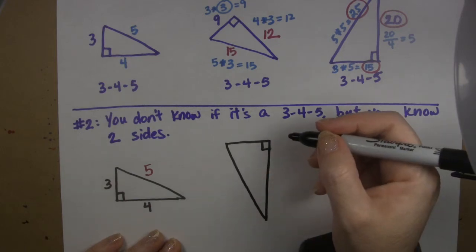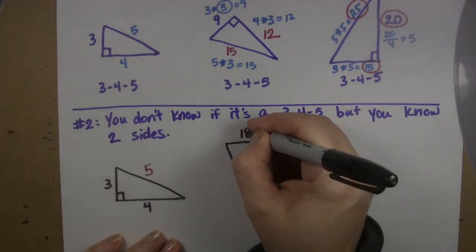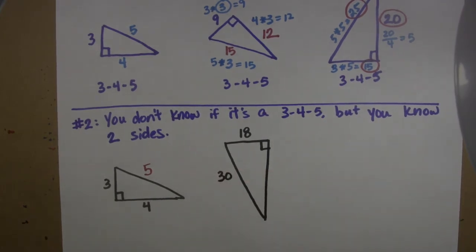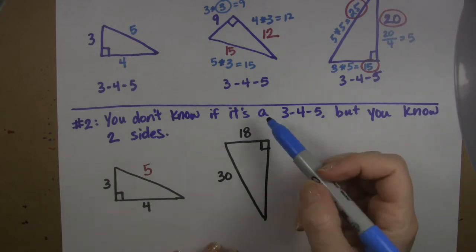And let's say that I know that this side is 18 and this side is 30. Now this one's harder because I can't look at it and see that it's 3, 4, 5. So I have to think to myself, could I kind of divide everything by the same number and get down to 3, 4, 5? Let me show you what I mean.